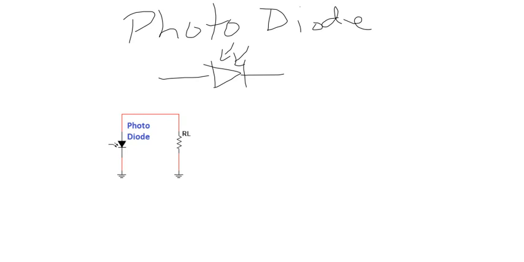Actually, I think I got the diode upside down. I think it should be in the other direction. I'll have to double check that one. But anyway, either way, you shine light on the diode, it produces a voltage that supplies a current to the resistor. Now, we can combine the two of those together.